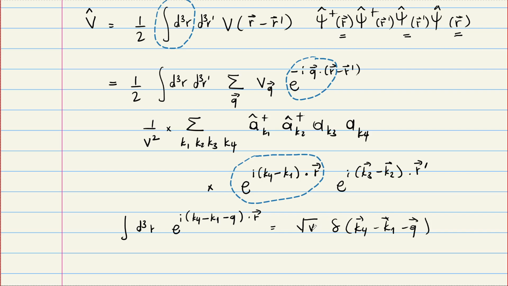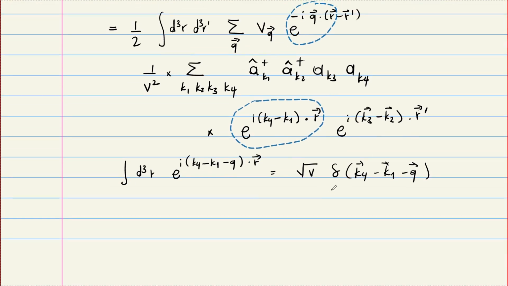And similarly, another root v is going to come from the r prime integration, and you can see now k4 is determined by k1 minus q. Let me write it like this and explain. So this is going to be 1 over 2v sum over all. At the moment, I have 1, 2, 3, 4, 5 momenta, but 2 of them will go and 3 will remain.